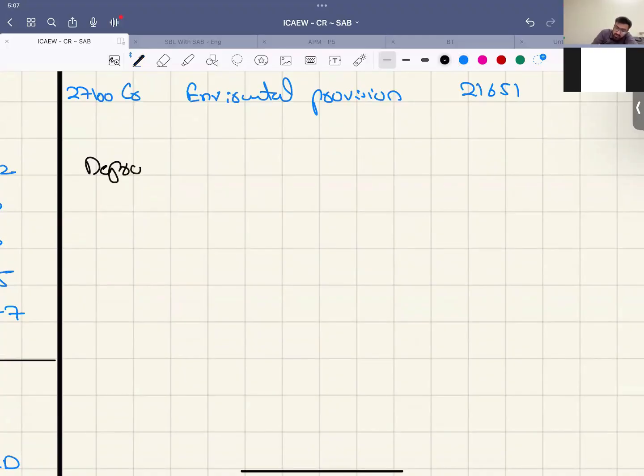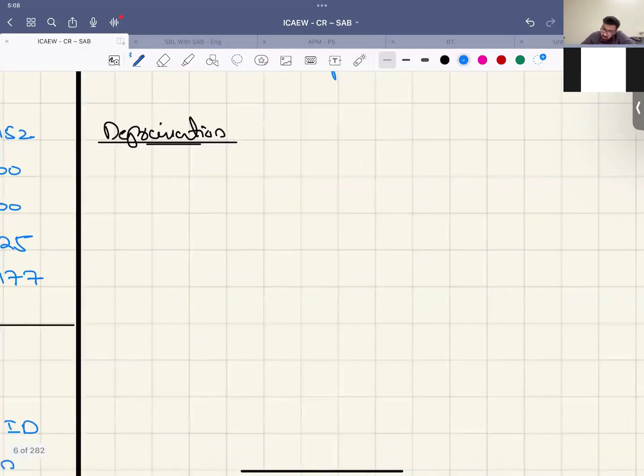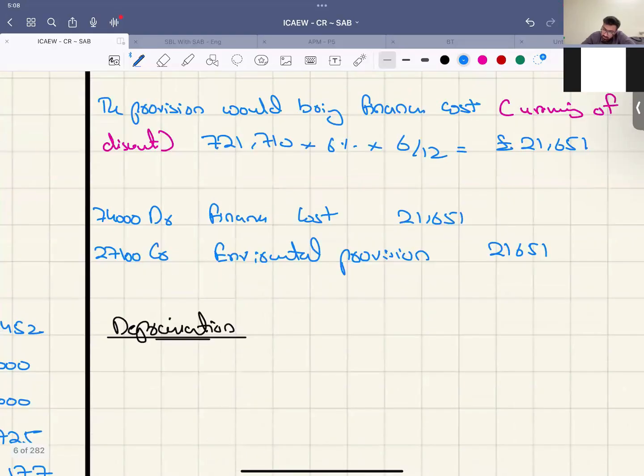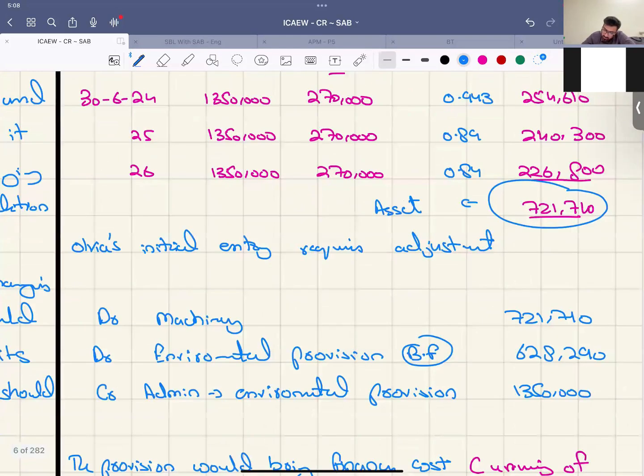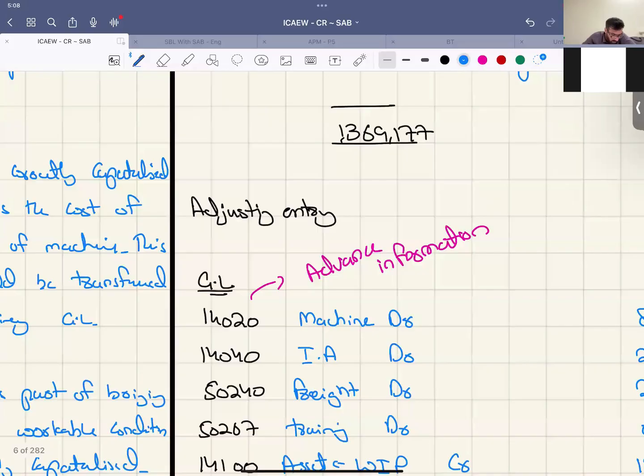Now, depreciation. Since there would be the assets that you have made, both of the requirements require depreciation as well, right? So let's do this. The first asset was how much?